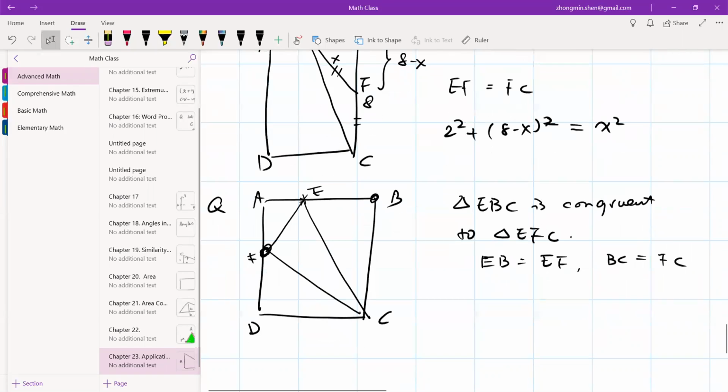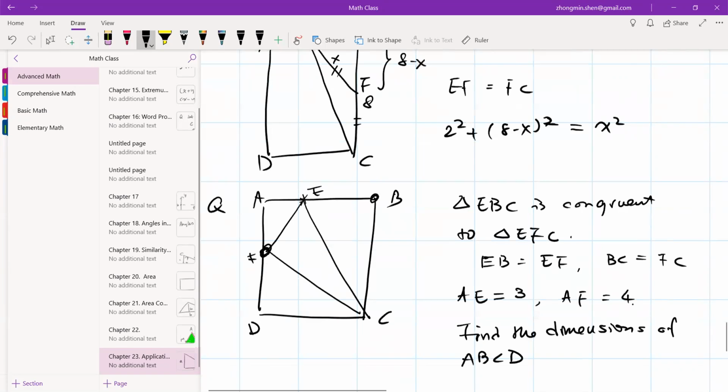Now we are given the information. AE is going to be, to make it easier, just say 3. AF equals 4. And my question is, find the dimensions of ABCD.